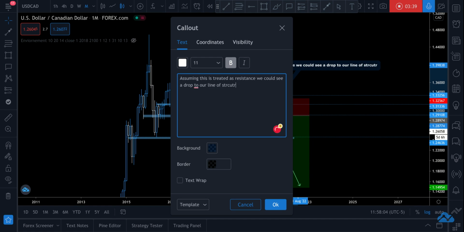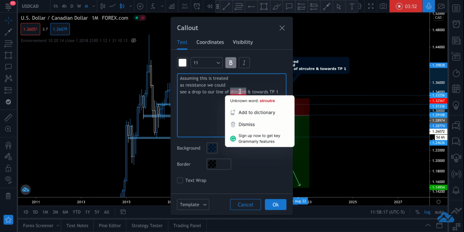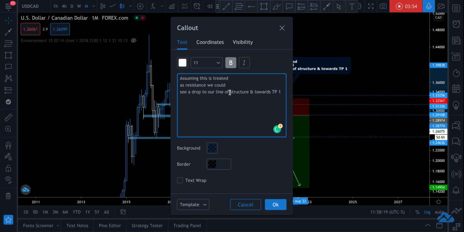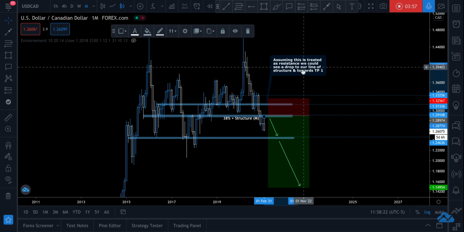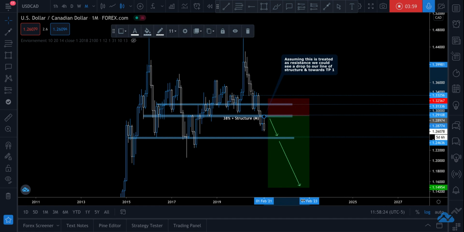Line of structure. Let's make it easier for people to read. Structure. Spell structure, guys. So if and only if, obviously.